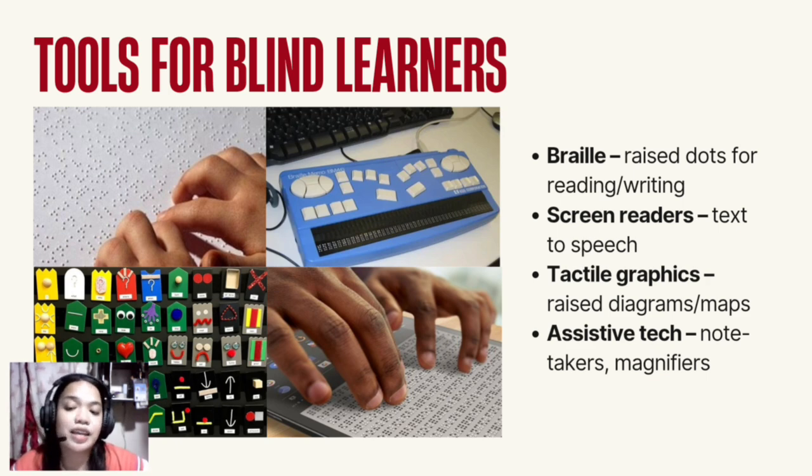Next one is the tactile graphics. Tactile graphics are raised images or diagrams that students can feel, helping them to understand charts, maps, and illustrations. Lastly is the assistive technology such as a braille note taker and magnification devices to further enhance their learning access.